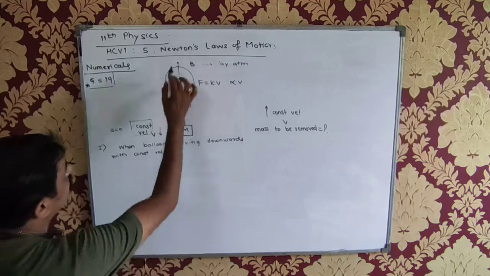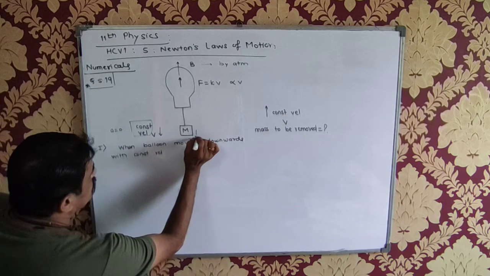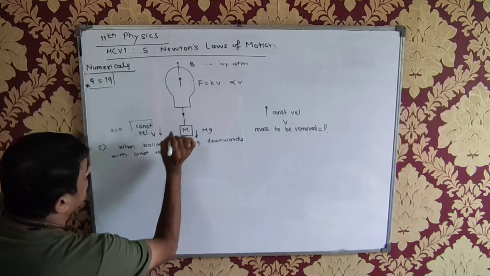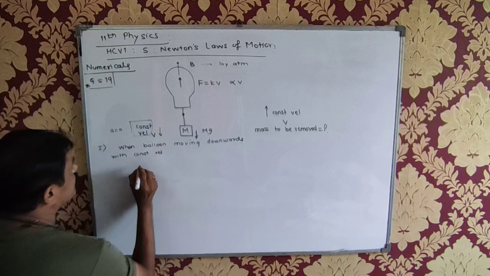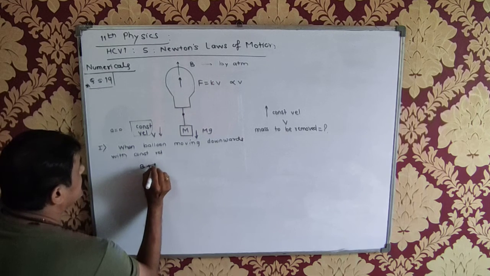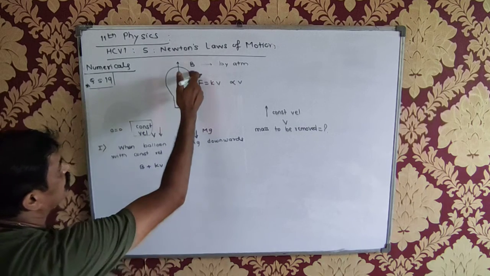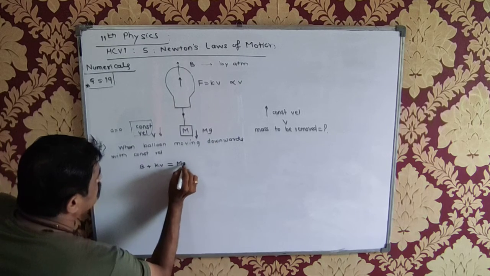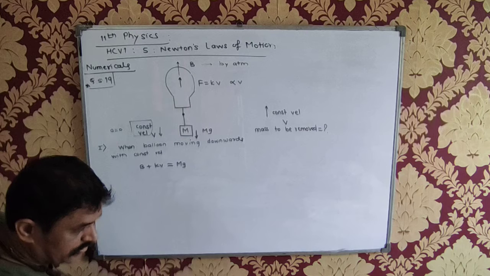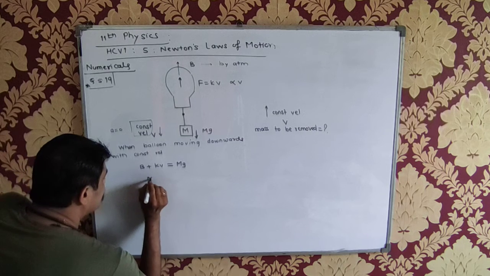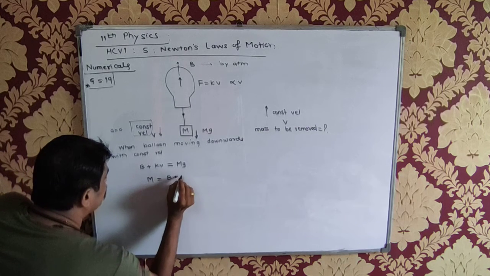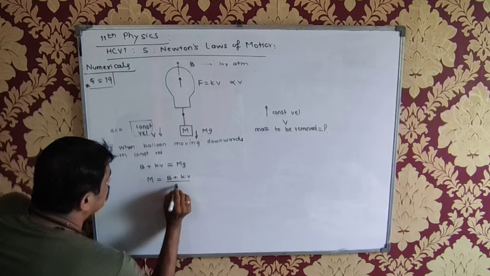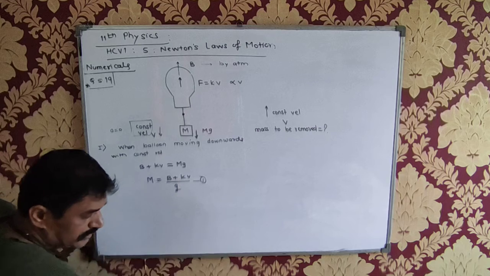So in that case, upward force is equal to downward force. Downward force है mg. अगर इसका मैं free body diagram इस point का तो इसको ऊपर खींचने वाले ये दोनों forces हैं. What is that? B plus kV is upward force and downward force is mg. Correct? Okay. Because there is no acceleration anymore. So mass is equal to B plus kV upon g. I'll call this as equation 1. Any doubts about this?